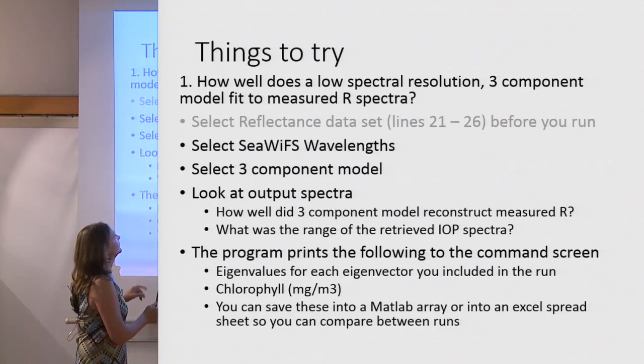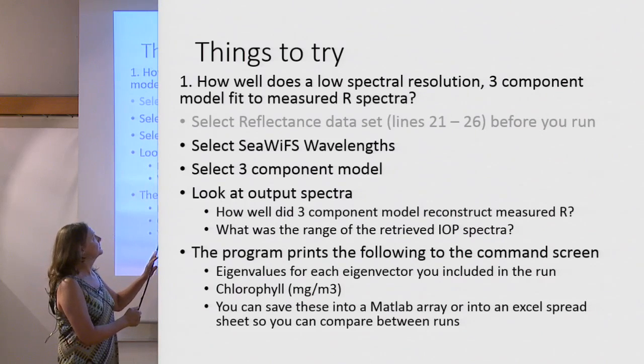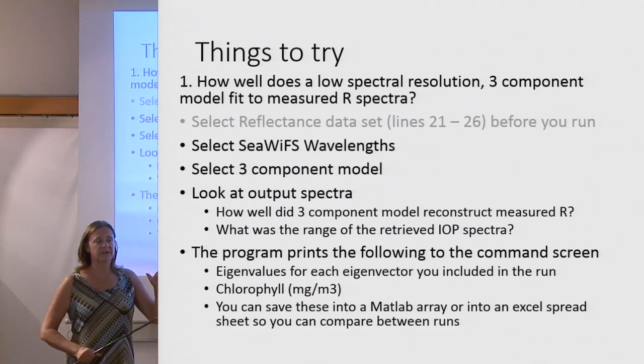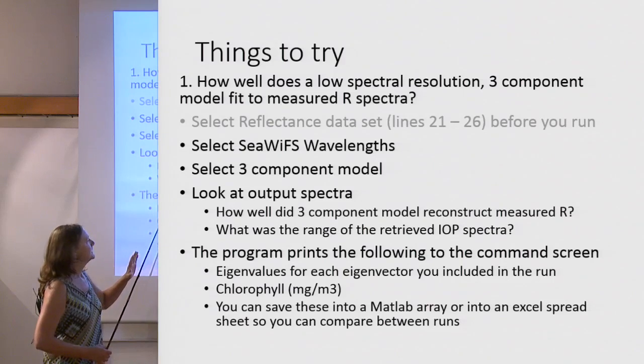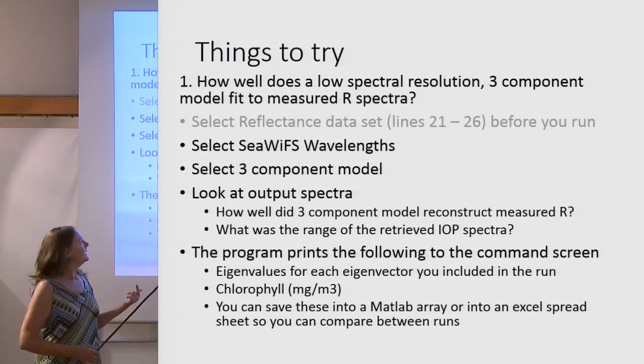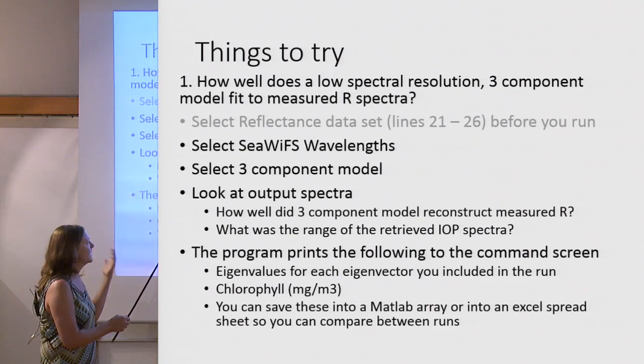And when you run the program, first select the CWIF wavelengths, okay? Then you're going to select the 3-component model, which is just phytoplankton particles and a combined CDOM non-algal particle, and run the model.